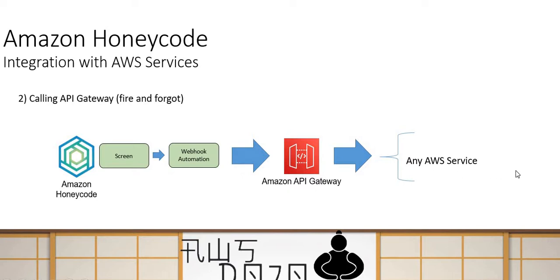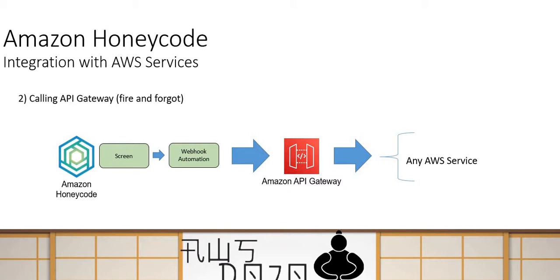Whether you are calling Lambda or any other service as a proxy service, you can pass the data to those services. So that's another way, where you are building one application which is calling an API, and then the API is calling some other AWS services.